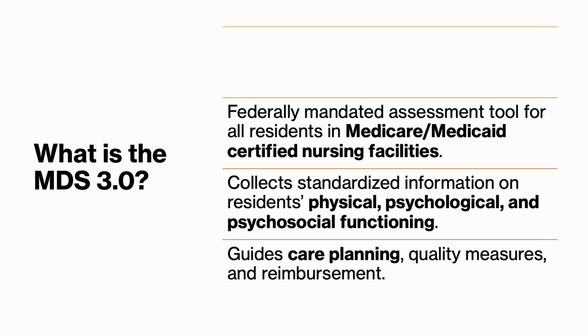This data informs the care plans and helps facilities meet the CMS, the Centers for Medicare and Medicaid Services, regulations, which if you are working in a skilled nursing facility or assisted living, are obviously super important. It's also important to keep in mind that any information gathered from Section F needs to be mirrored and documented into your care plan, into their goals and objectives for that particular patient.